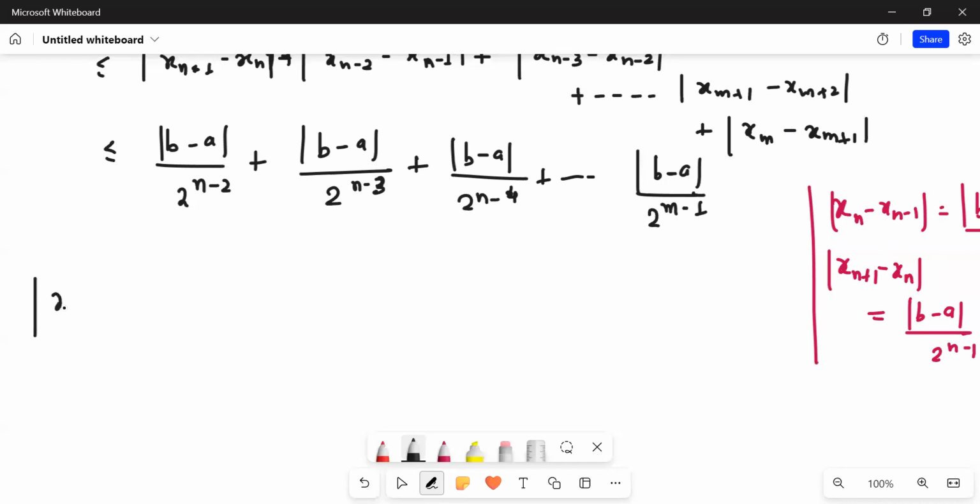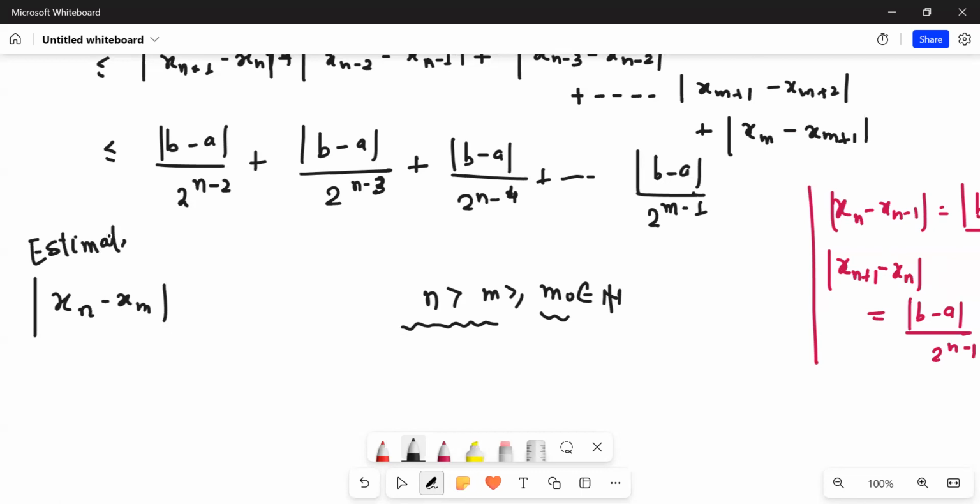So we are estimating |xn minus xm|, where n is greater than m, and m is greater than or equal to, let's say, some natural number N. This we'll see, but we are estimating it in particular for all n greater than m. We want to estimate this. Why do we want to estimate? We want to see whether this sequence is a Cauchy one.